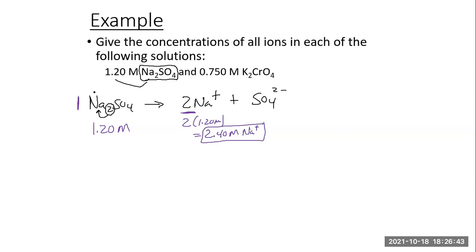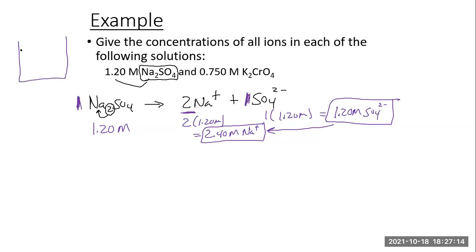When we look at the sulfate, it is a 1-to-1 relationship in terms of how it breaks apart, which means the concentration of this guy would be 1 times 1.2 molar, or 1.2 molar sulfate ions. We could see in comparison what we were just talking about, there's twice the concentration of sodium ions as there is sulfate.